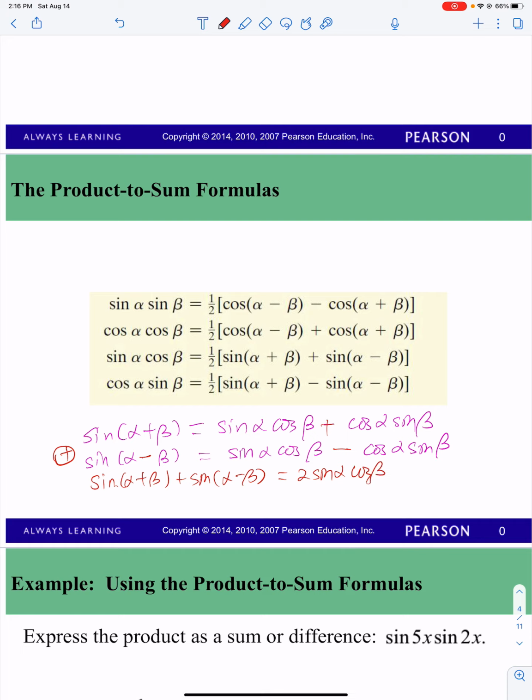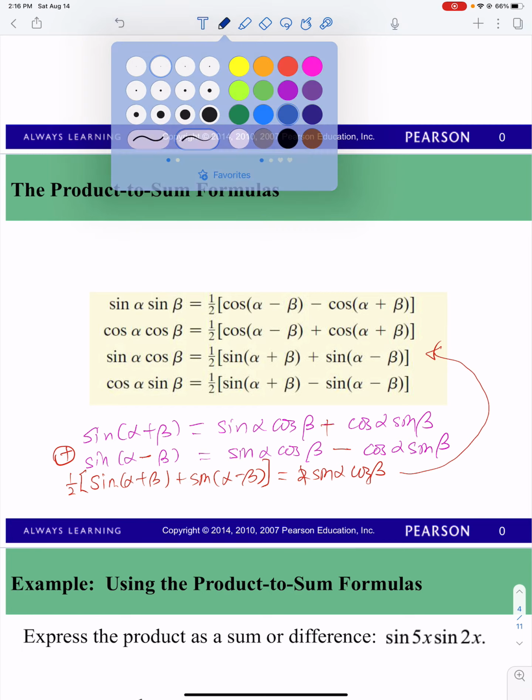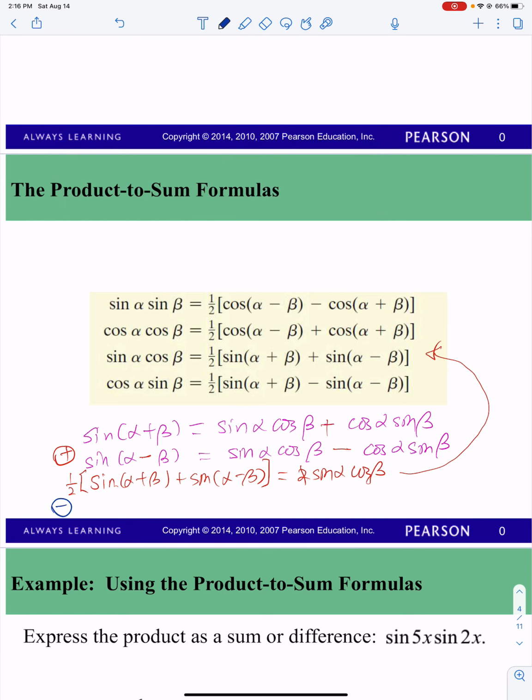And how could you get the product alone? If you divide by 2 on both sides, this is the formula. Similarly, what will you do if you subtract? If you subtract the bottom from the top, what do you have?